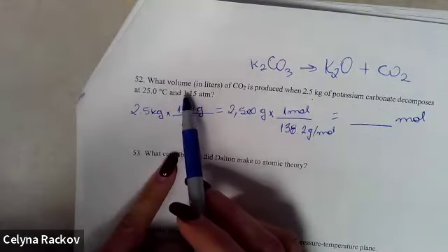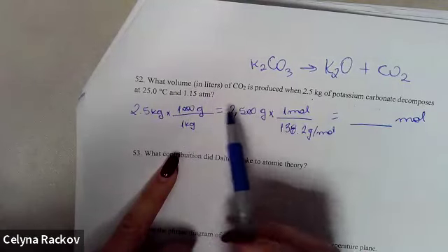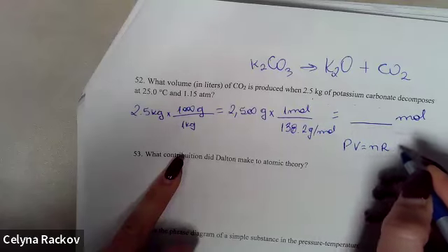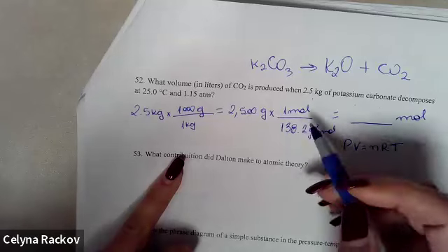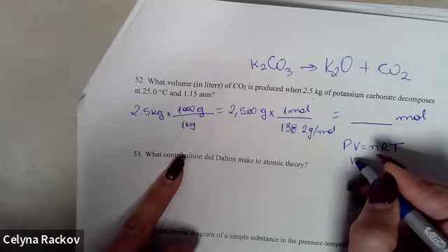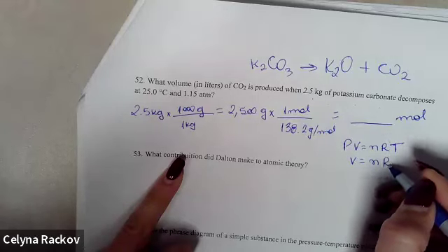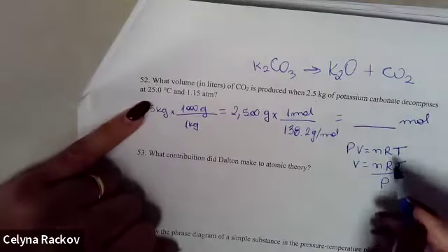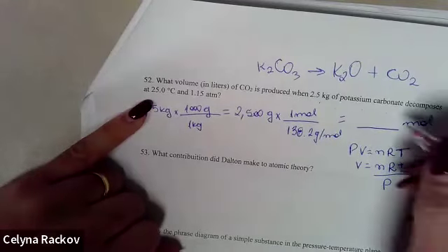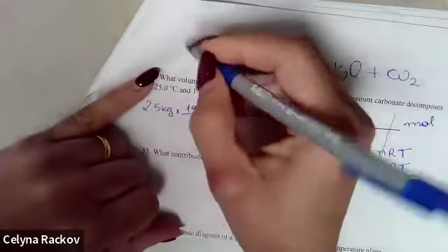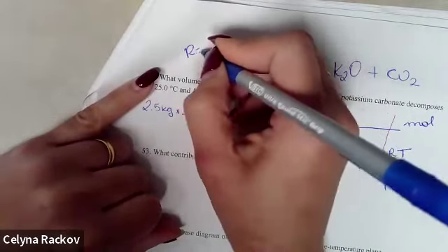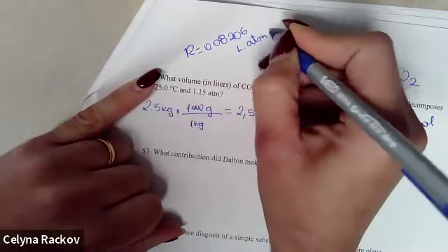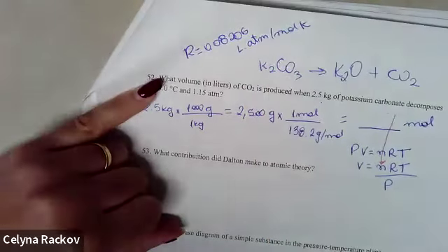And then the question is asking, what's the volume in liters? So you are going to use the ideal gas law, PV equals nRT. The question is asking for volume, so volume is equal to n R T divided by pressure. Remember, what needs to change here? So moles was what we calculated right here. R is the universal gas constant, 0.08206 liters atm per mole Kelvin, right?